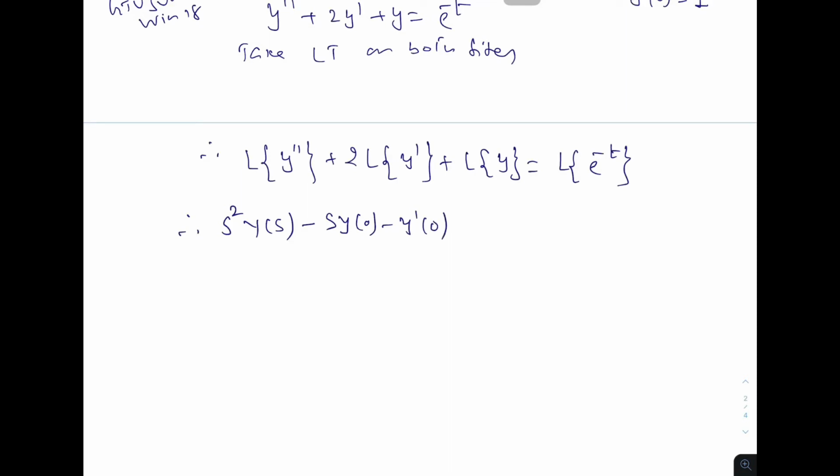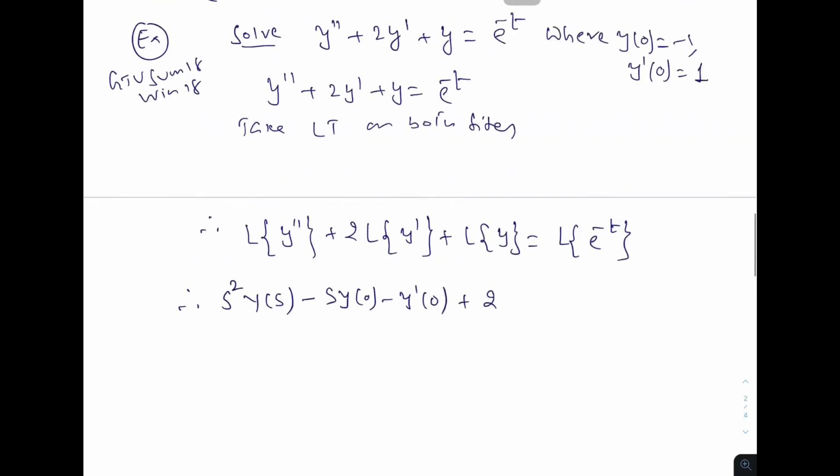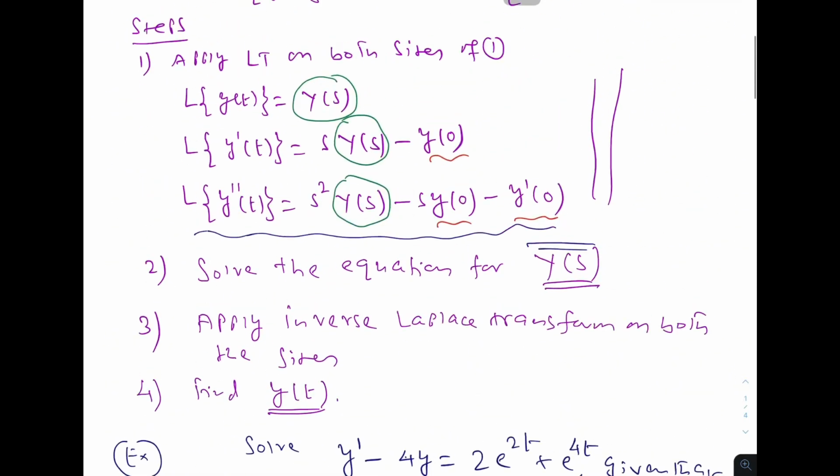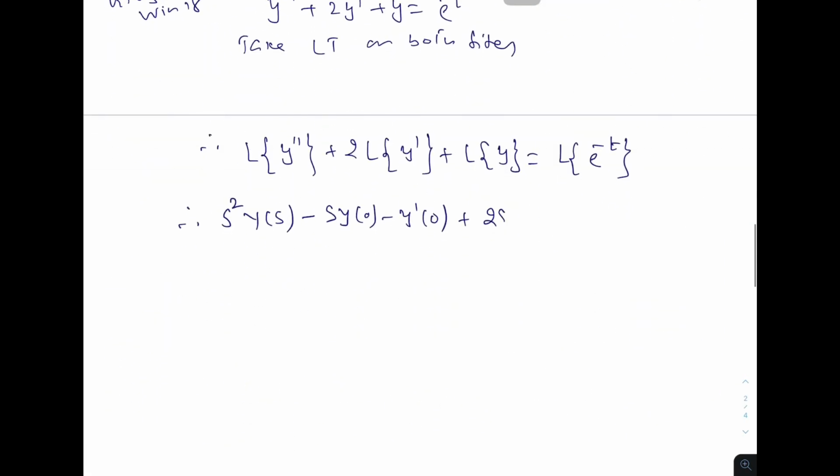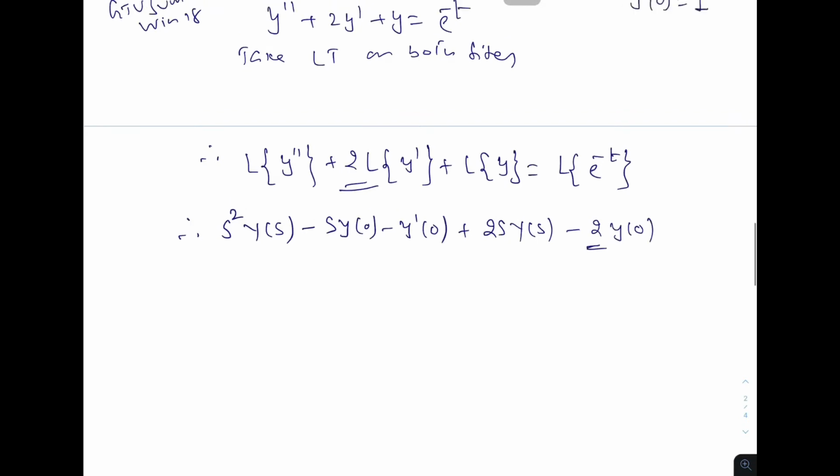You need to remember that formula. Then plus 2 Laplace transformation of y dash, which is s Y(s) minus y at 0, but that 2 is there, so 2 y at 0. That 2 you should write.